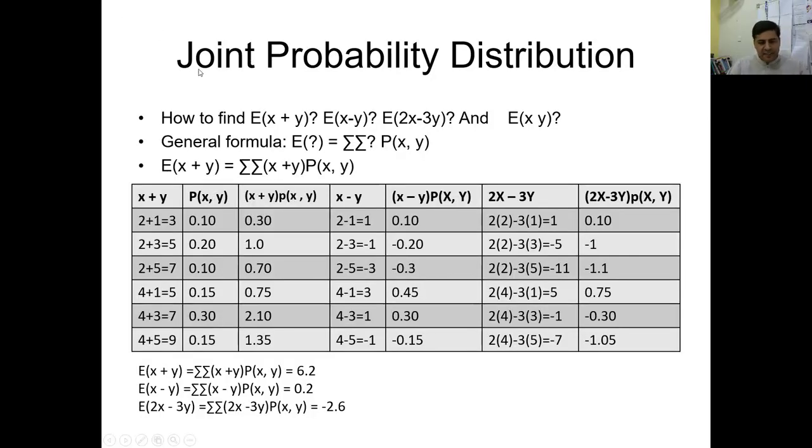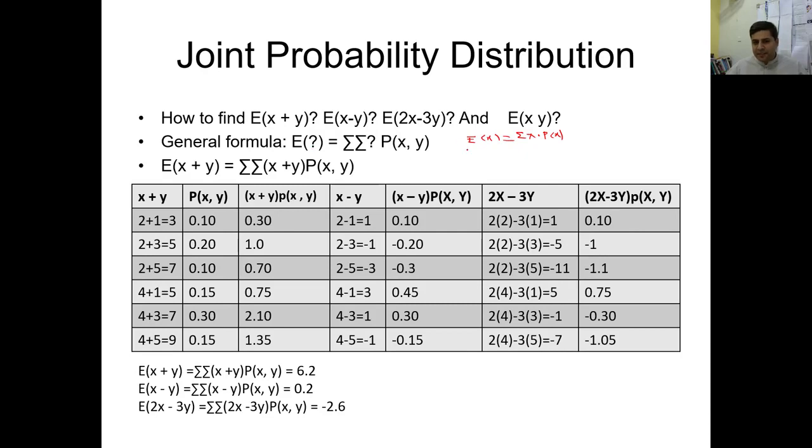Now, in order to extend it further, I am going to solve some more questions in joint probability distribution: how to find E(X+Y), E(X-Y), E(2X-3Y) and E(XY). You know the general formula, that E(X) is the summation of x times p(x), their respective probability.